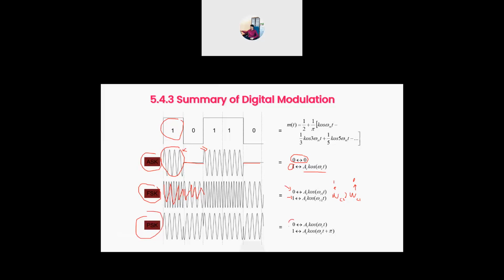So for 0, you're going to have AC cos omega CT, a shift of 0, I'm sorry, wait, let me.